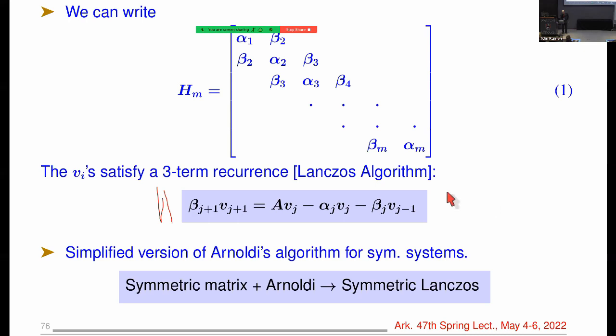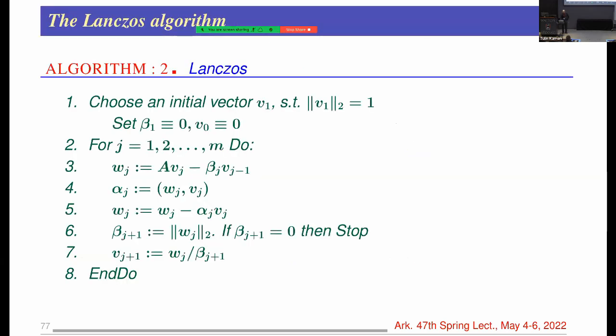But in practice, you don't get orthogonality. You lose orthogonality very quickly. The Lanczos algorithm is written here. As you see, you compute this first. It's a form of modified Gram-Schmidt, in the sense that you compute this first, and you compute this inner product, and then you subtract in here, and then you normalize.